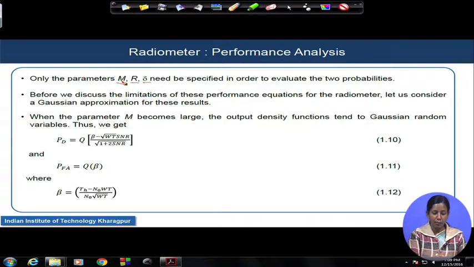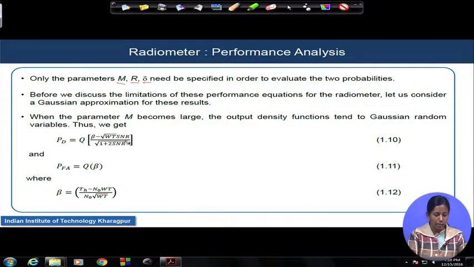When the parameter capital M becomes very large, the output density function will tend to be a Gaussian random variable, going by the central limit theorem, and hence the detection probability will be given by equation 1.10. It becomes a Q function itself, and the probability of false alarm also becomes a Q function of a quantity beta, where beta is a function of the threshold you have chosen, the noise power spectral density and the gain bandwidth product.